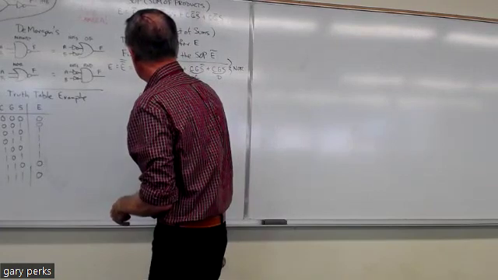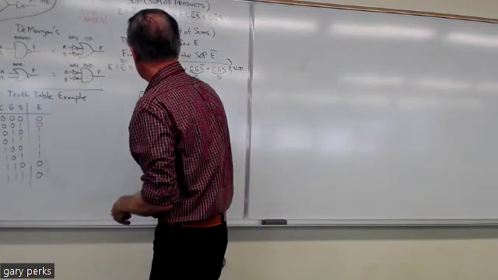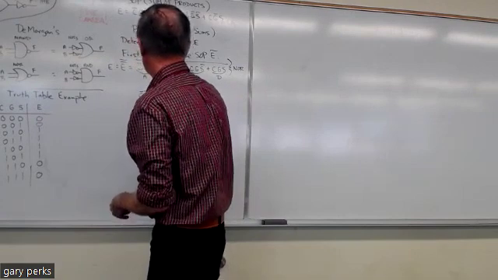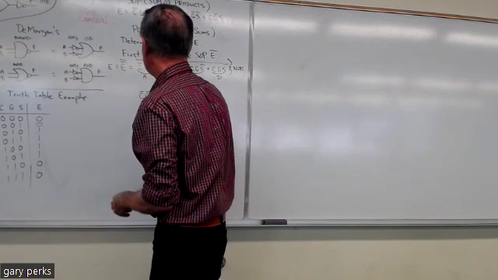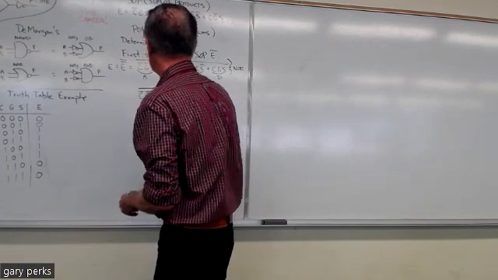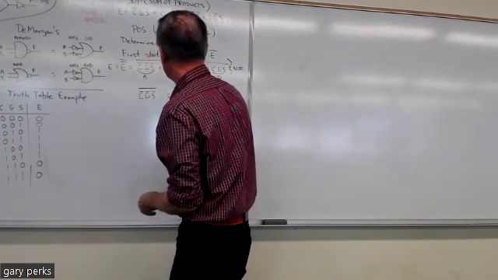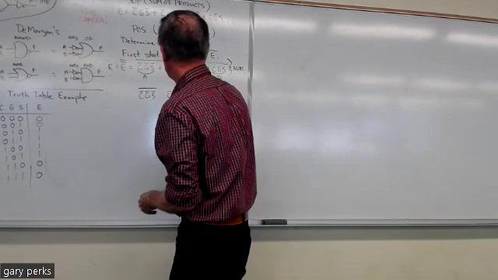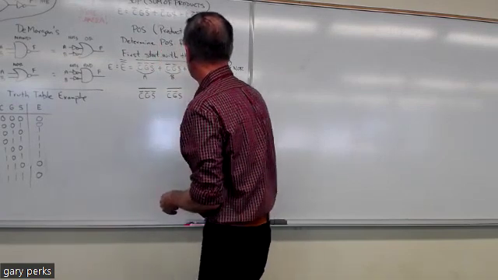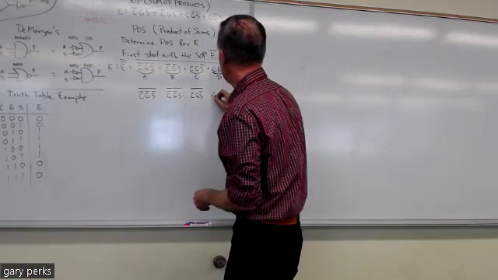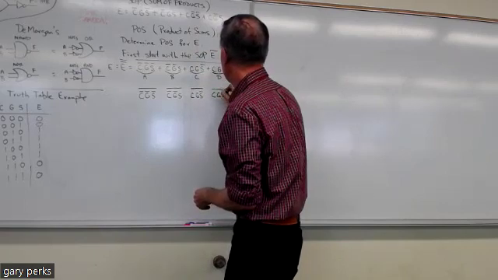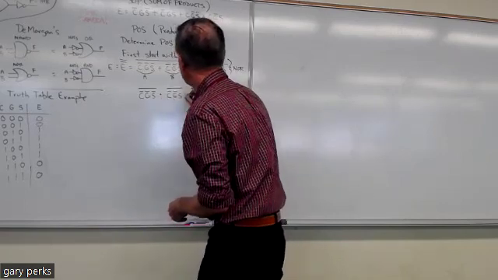Take C or not C, not G, not S. Take that input, invert it. Take this input, invert it. Take this input, invert it. Take this input, invert it, and AND them together.